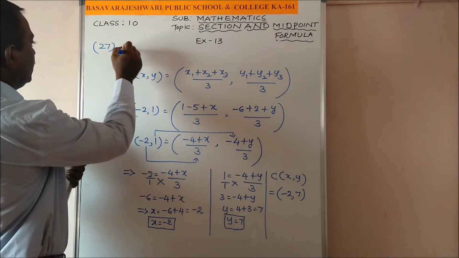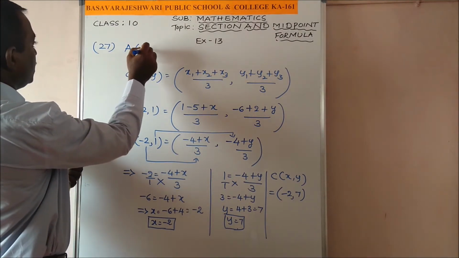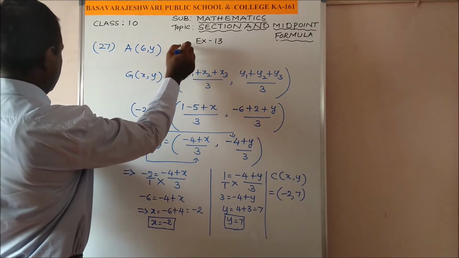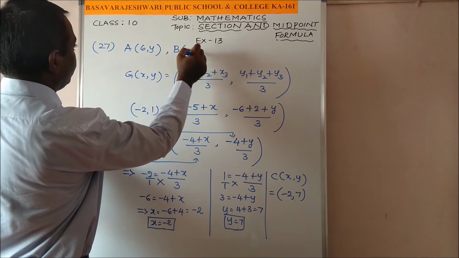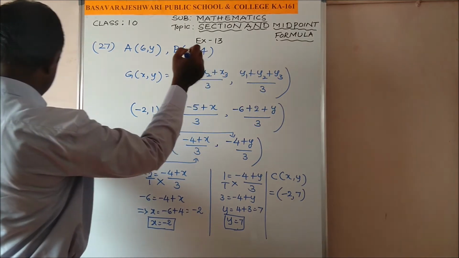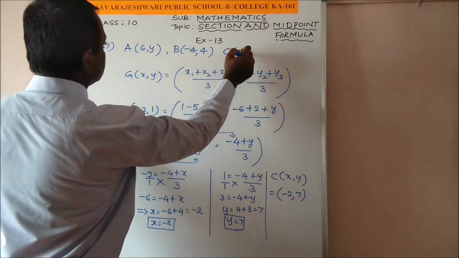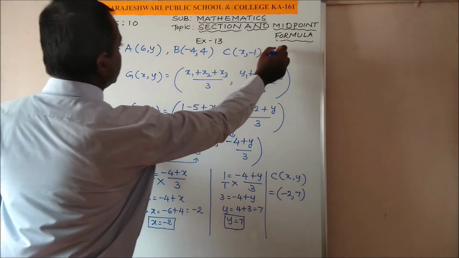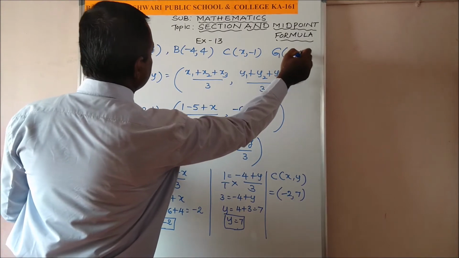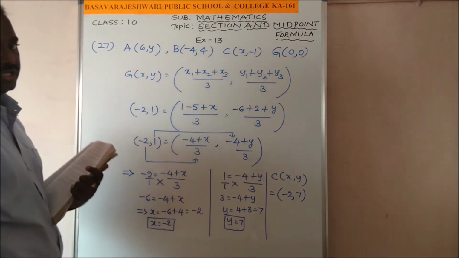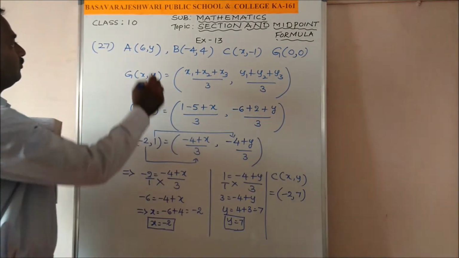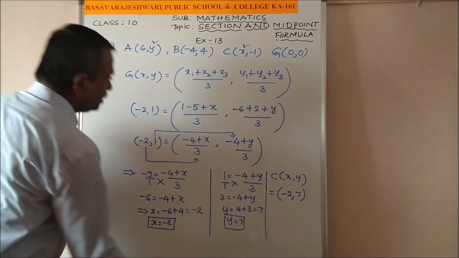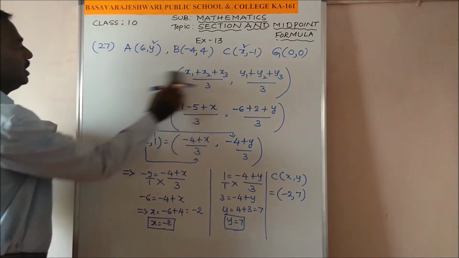They are given A as (6, y), B as (-4, 4), and C as (x, -1), and they are saying the centroid is the origin. They are asking us to find the y value and the x value. Correct? Okay, we will see now.